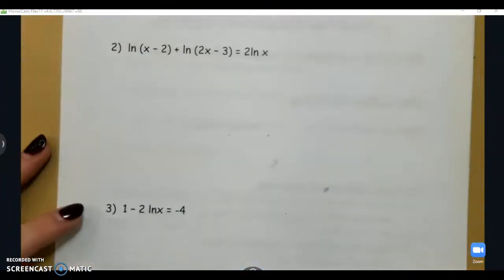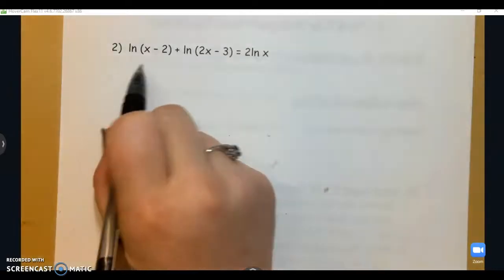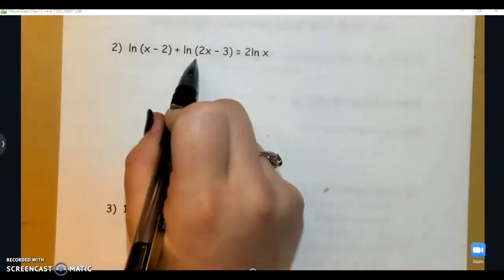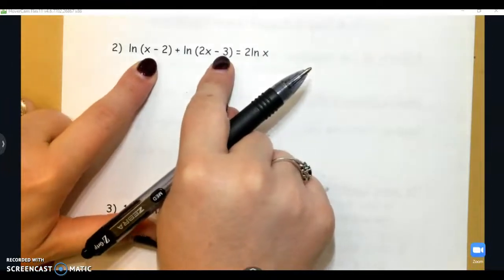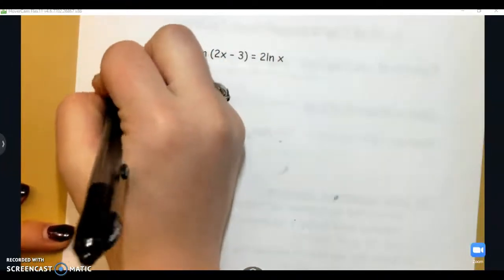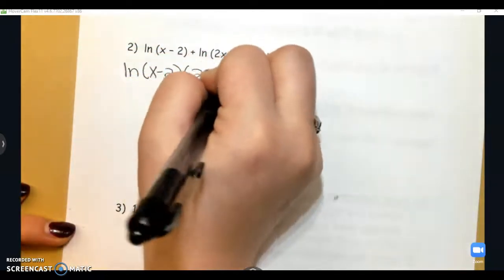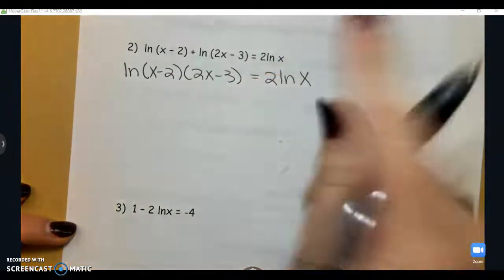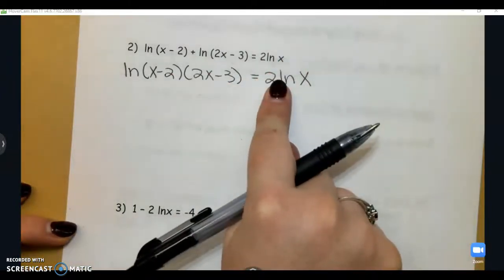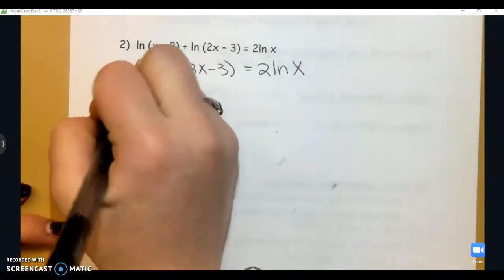On the back, number 2, I've got several logs here. What I need to do first is condense this. I've got natural log of x minus 2 plus natural log of 2x minus 3. Remember our log properties, that means that these can be multiplied. So that's going to be natural log of x minus 2 times 2x minus 3 is equal to 2 times the natural log of x. Now, this log on the other side, I can also condense using my exponent property.